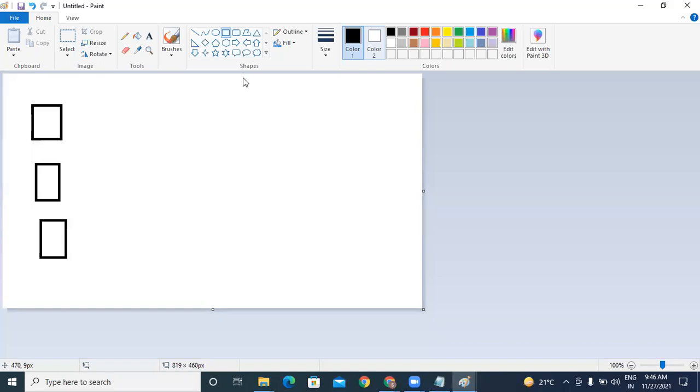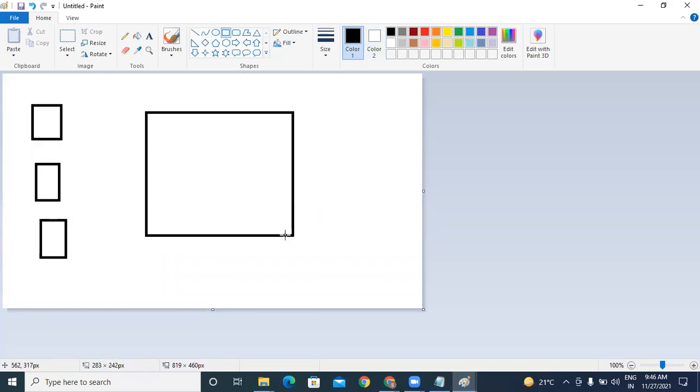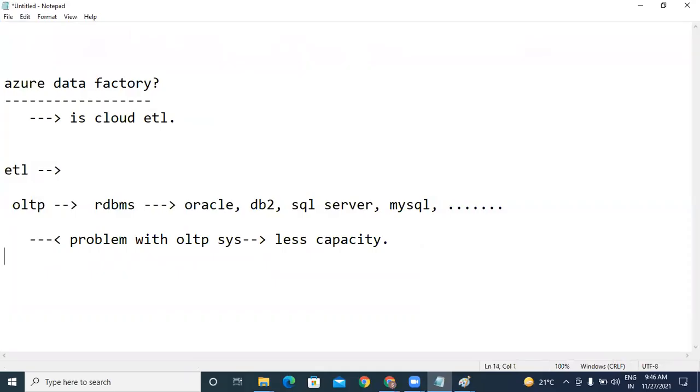Okay. So now let's try to understand the meaning of a traditional warehouse. Later we can go for the importance of an advanced warehouse. So here the problem is understood with OLTP, and the solution is the data warehouse.